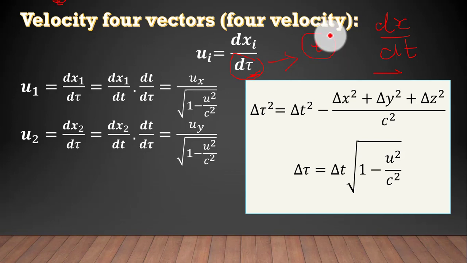So what is the difference between proper time and time? Proper time is the time measured when the 2 events occur at the same position. That is called the proper time.